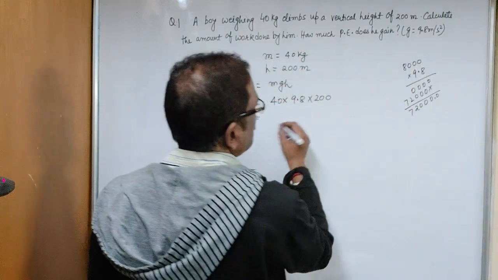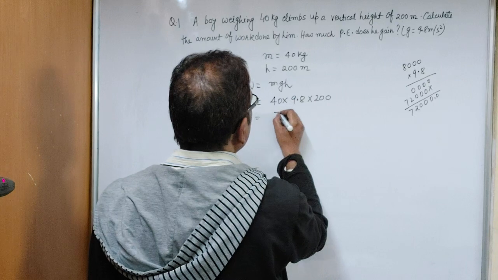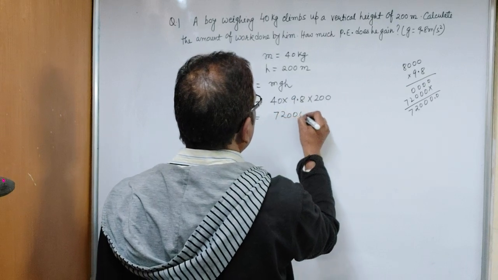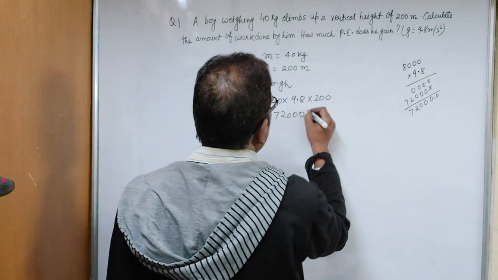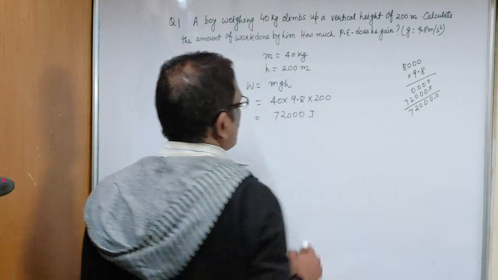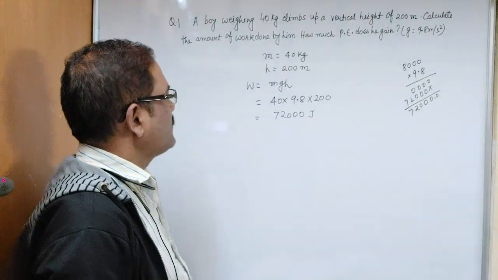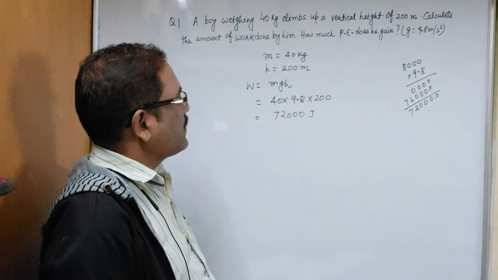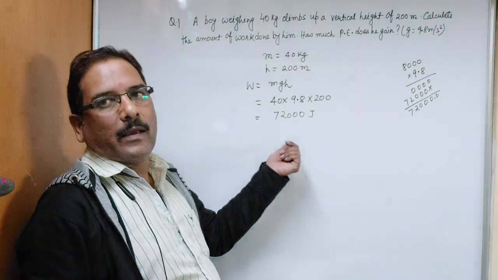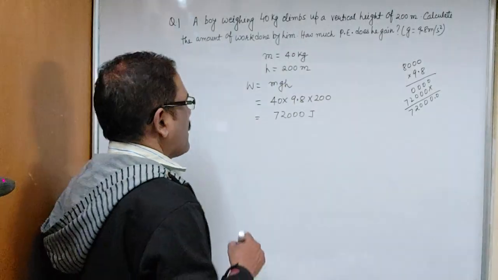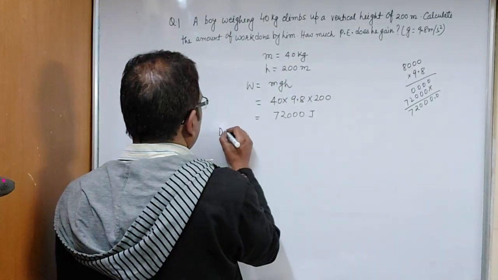So 72,000 joule. This much work done. Now due to this work done, he gains energy, right?